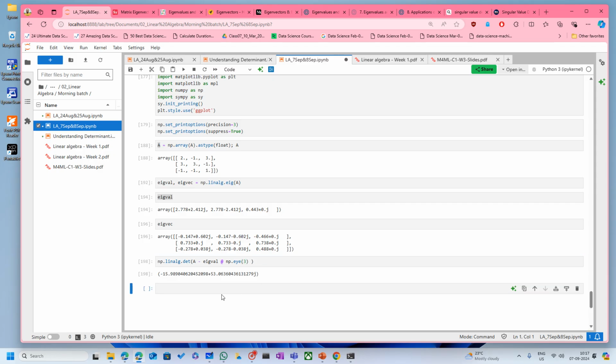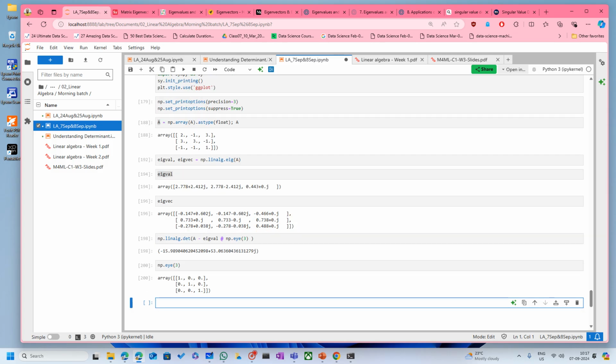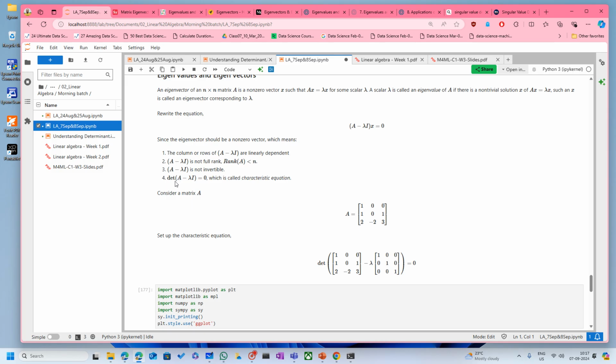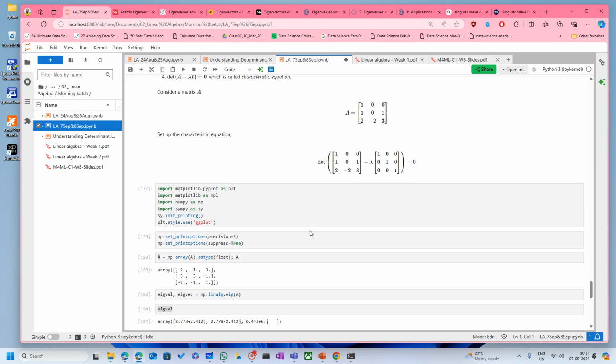Then determinant of A minus lambda I equals 0.